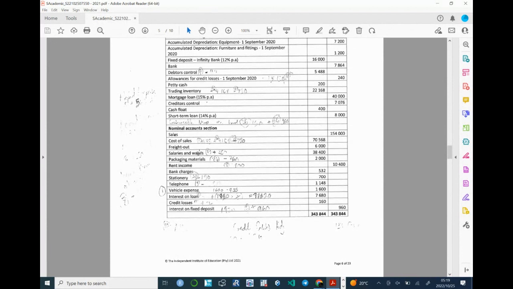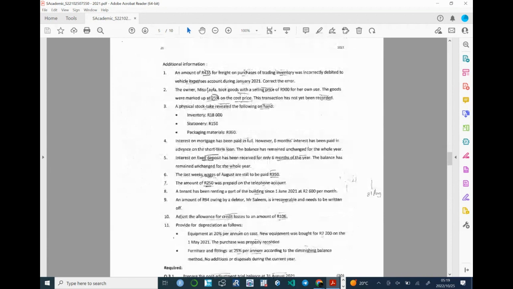Now, remember here they said freight on purchases. So in other words, and here purchases of trading inventory. So this is actually freight coming in. Can you see that? Because we were then getting our inventory delivered to us. Can you see that? So it's not freight out. Okay. And then remember, freight on purchases is not a separate account in and of itself. Why? Because we're on the perpetual inventory system. If we were on the periodic, it would have been an expense account in and of itself. Does that make sense? Yes.